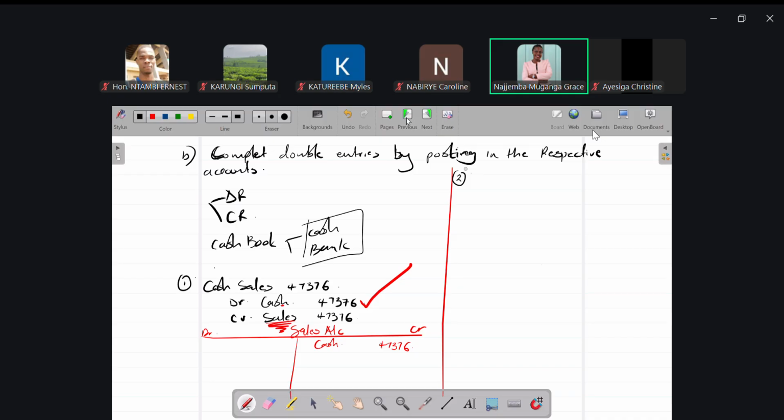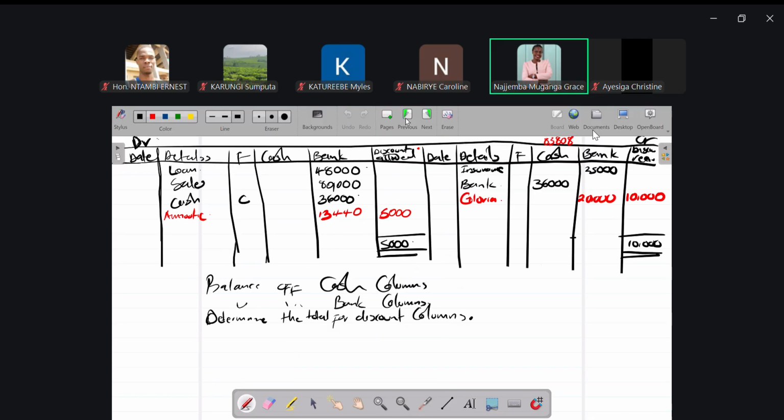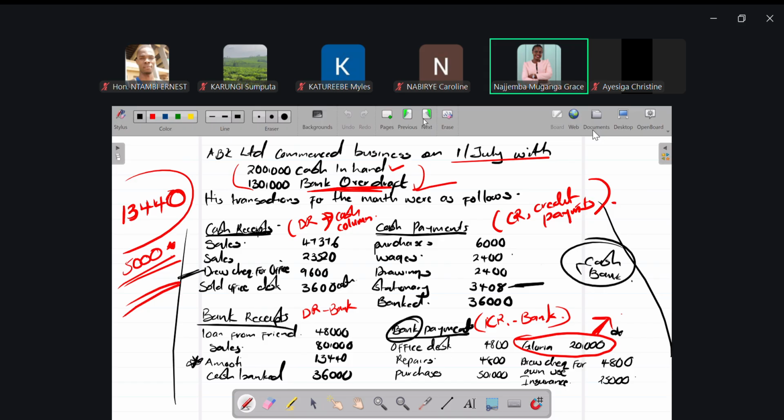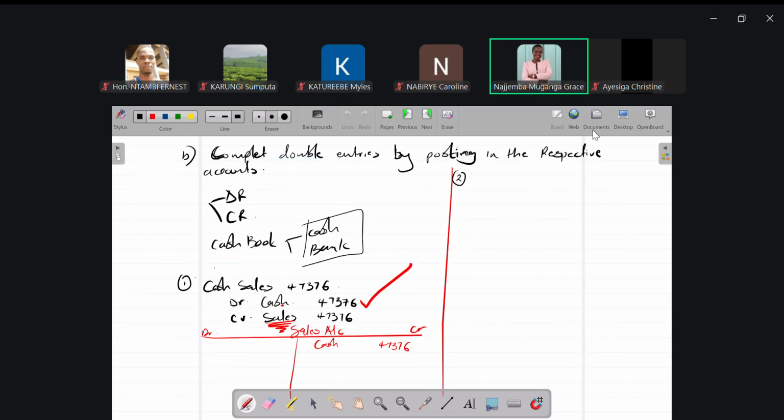Then you move to the second transaction. The second one says sales again. I will not post this. Then we move to this other one. Withdrew check for office use. This was a contra. Now you're going to see that you have no other ledger account to post. Withdrew a check for office use, meaning we received cash, so you debit your cash and you reduced your money in the bank.